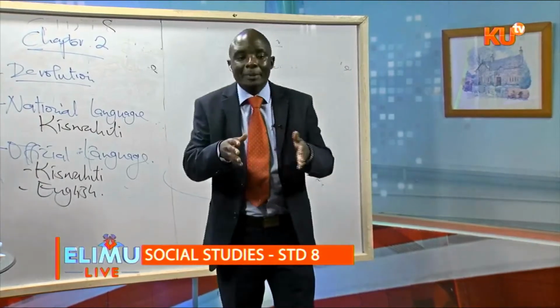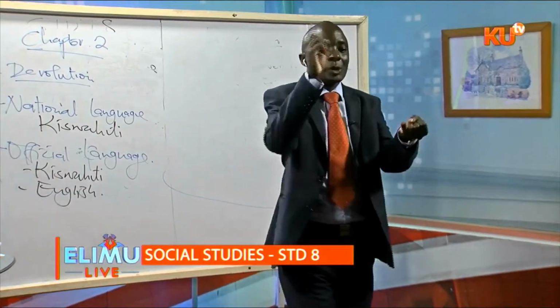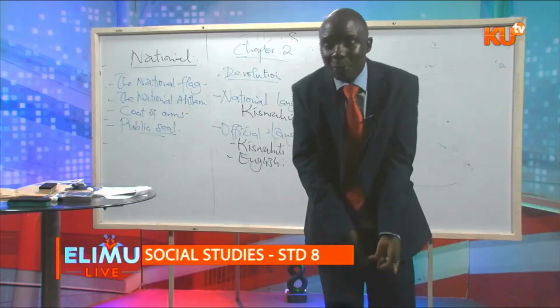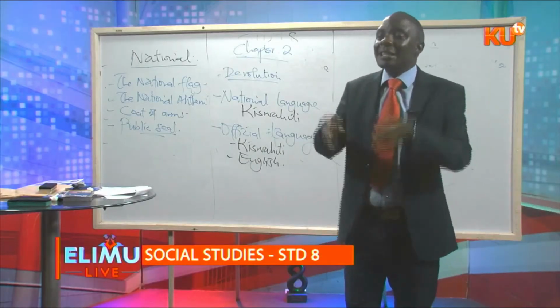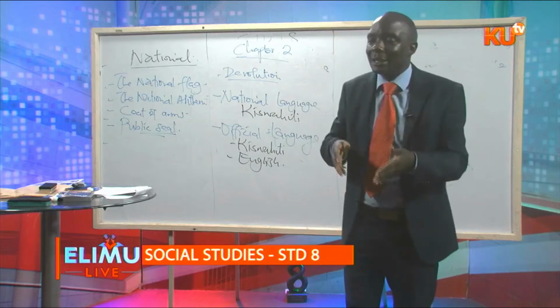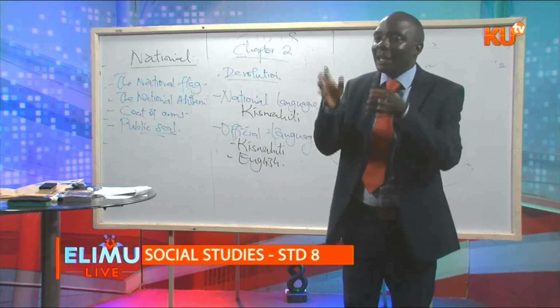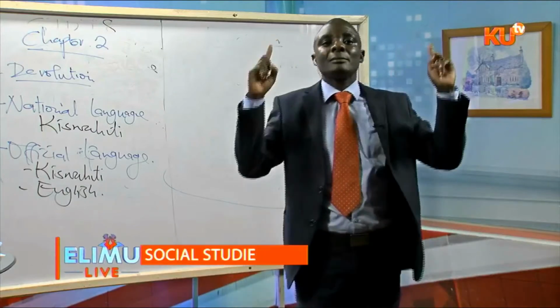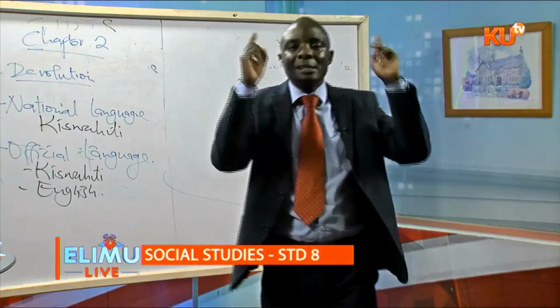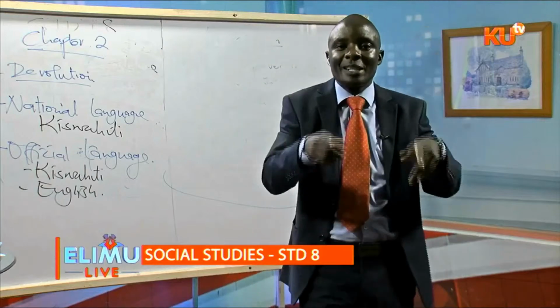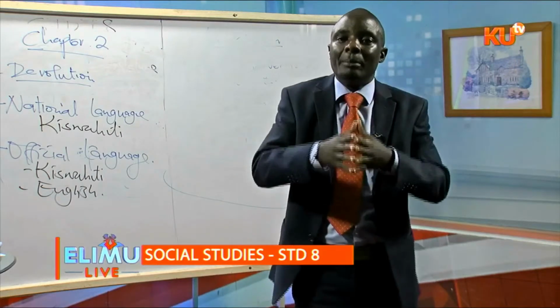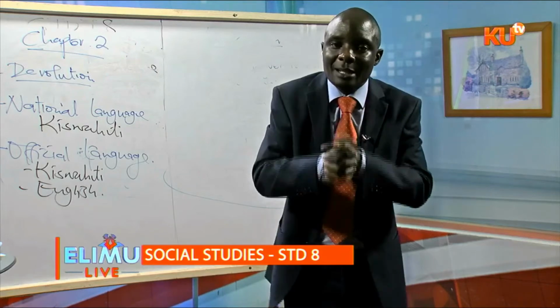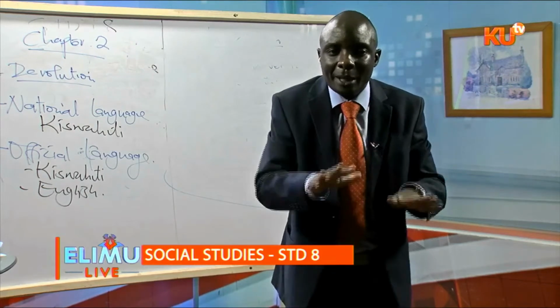I want to tell you also that Mzee Jomo Kenyatta was actually the prime minister from 1st June. Then when we got independence, in the same year, 1963, 12th December, Kenyatta still was a prime minister. 1 year after that, 1964, 12th December, Kenya became a republic, what we celebrate as Jamhuri Day. So these days are very important.